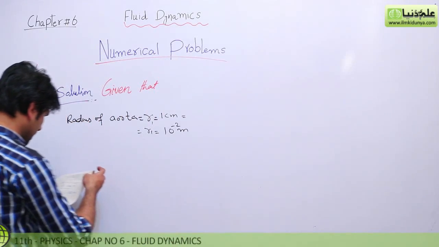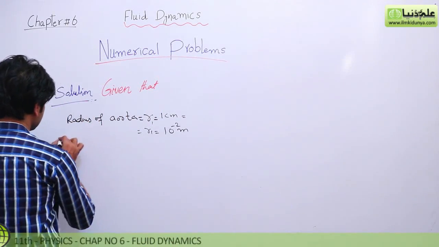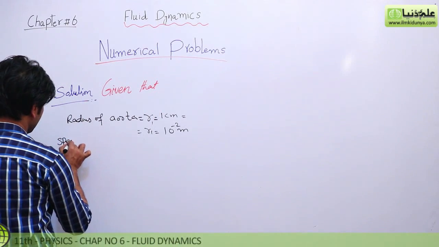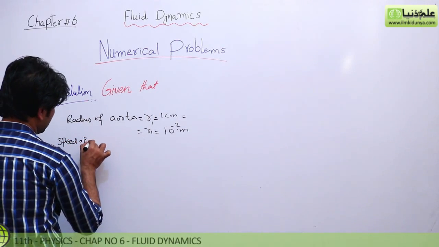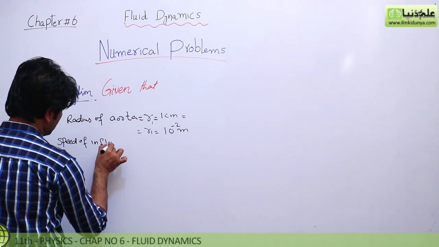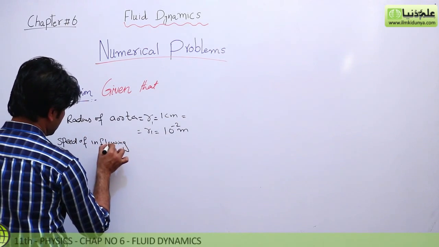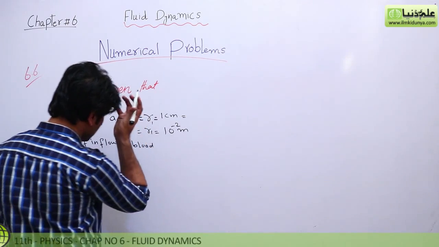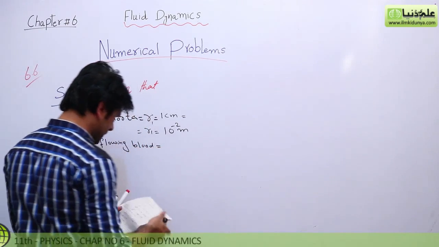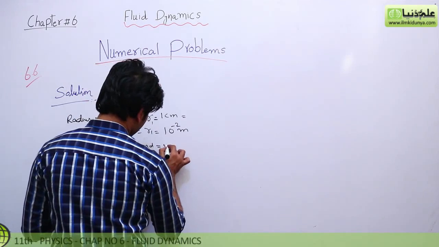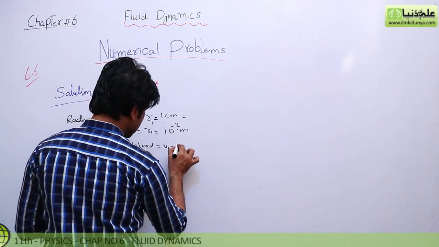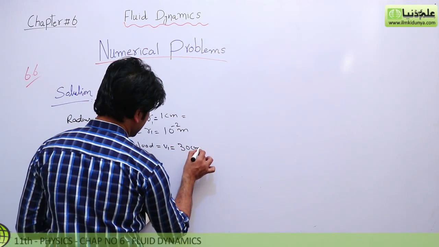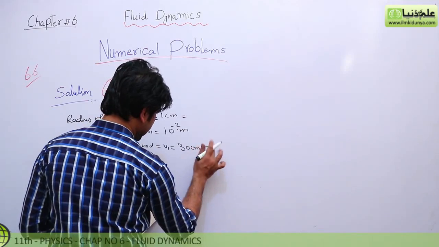Now speed of the inflowing blood. So students, speed of the inflowing blood is given as, we can write this, v1, 30 centimeter per second.